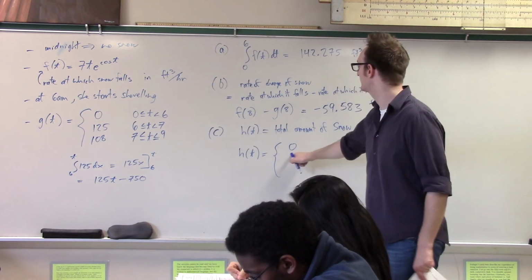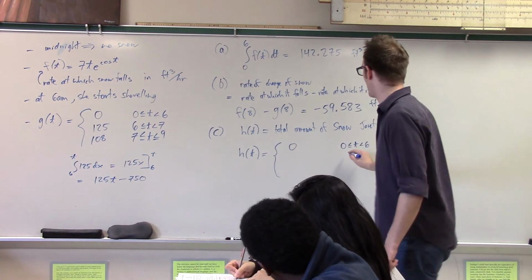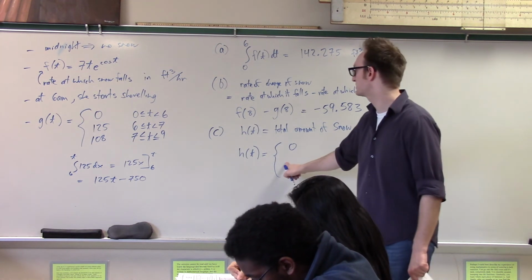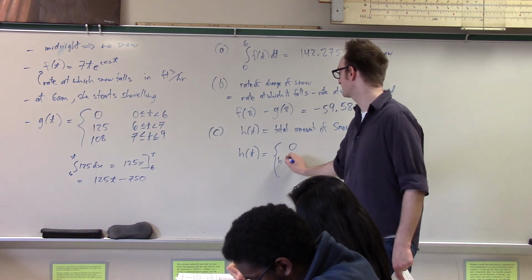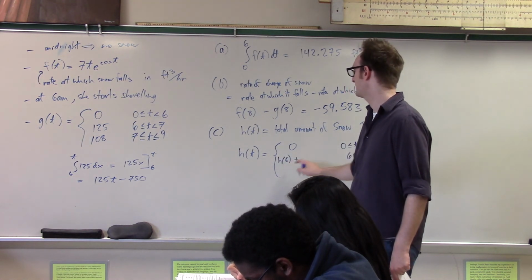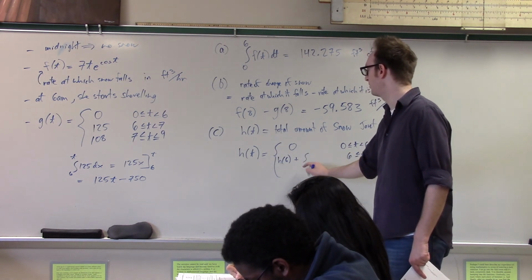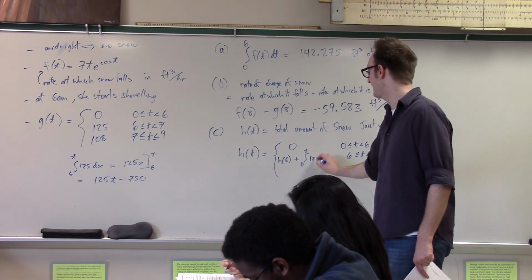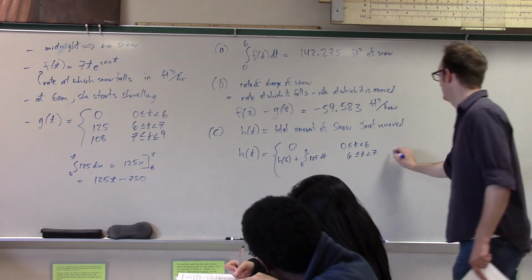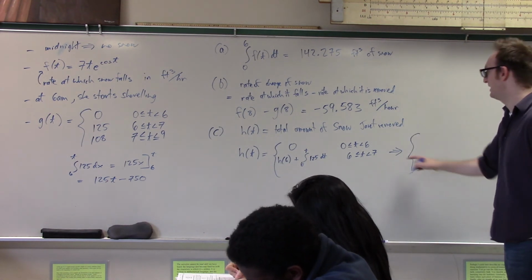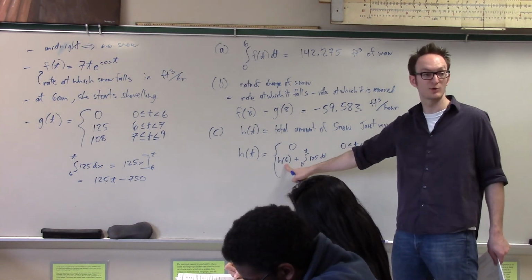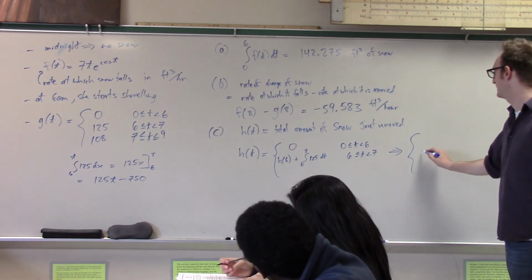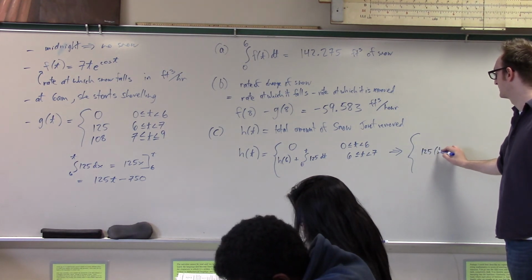For the time interval between 6 and 7, the amount of snow is the amount at the beginning of the interval plus the net change in snow between 6 and t, which is the rate. Since h of 6 is 0, because she shoveled no snow at the beginning, this is just that integral, and that integral is 125(t minus 6).